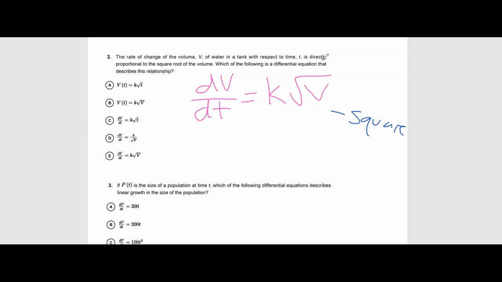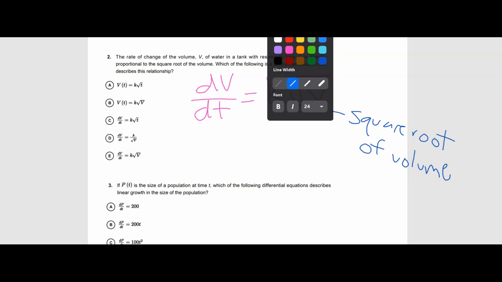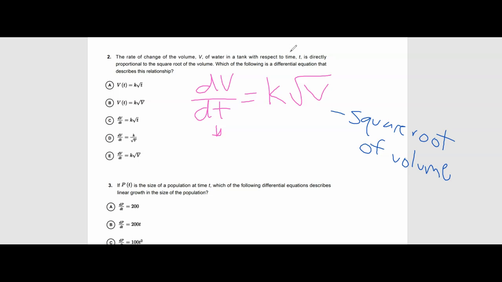So we have square root of volume, we have our constant of proportionality, and we have the rate of change of volume. So this one should be E. dV/dt is equal to k times the square root of V.